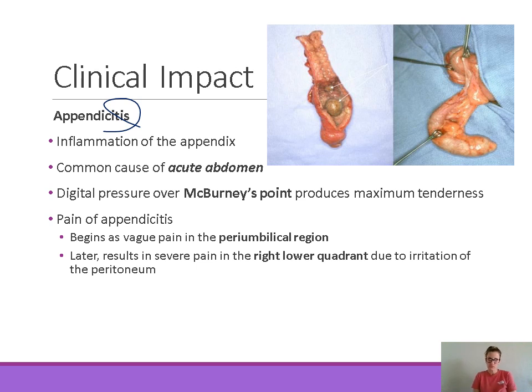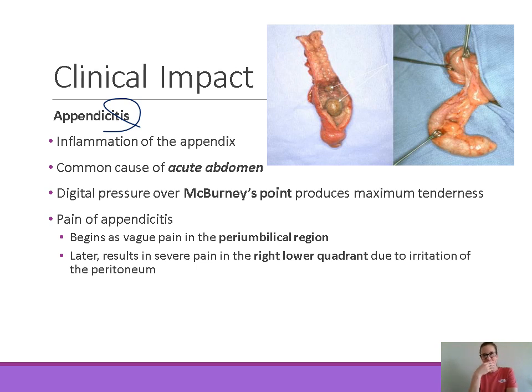We do pretty frequently remove them, and we don't see long-term issues with patients. We don't have any differences in rates of vaccines or any additional vaccines needed or anything like that, like we do in patients post-splenectomy. So while we are learning more about the appendix and its possible function, you can still live just fine without your appendix.